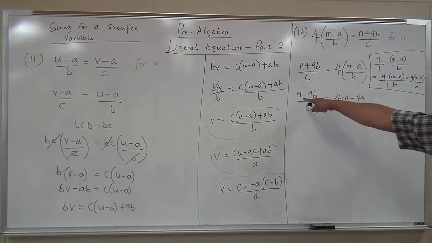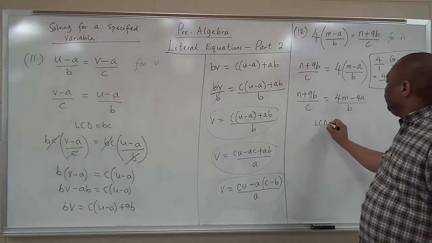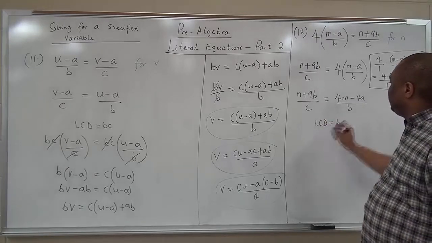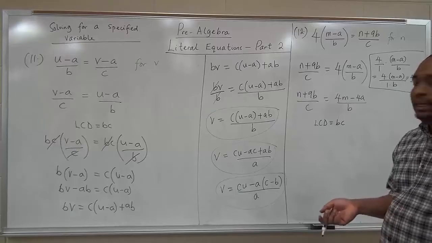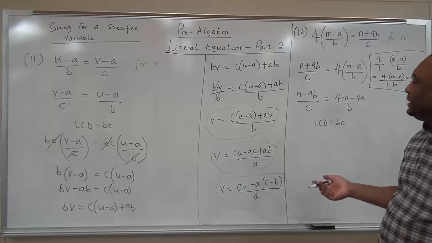Now remember, we are solving for n. So let's multiply. What's the LCD? If we don't like fractions, the LCD is BC. Multiply both sides by the LCD, which is BC.